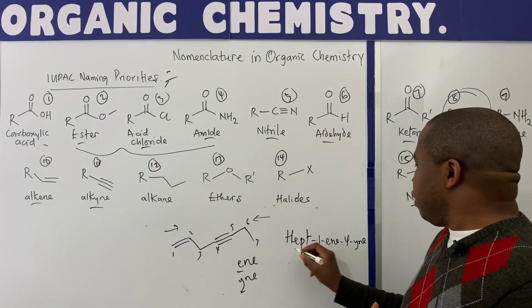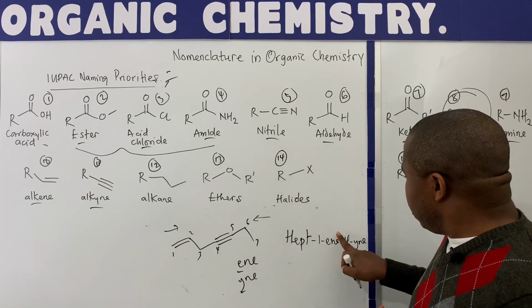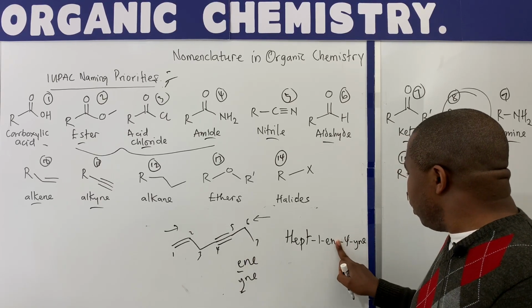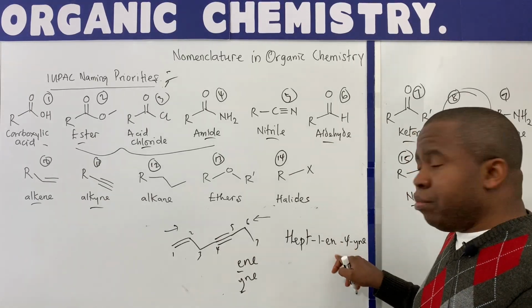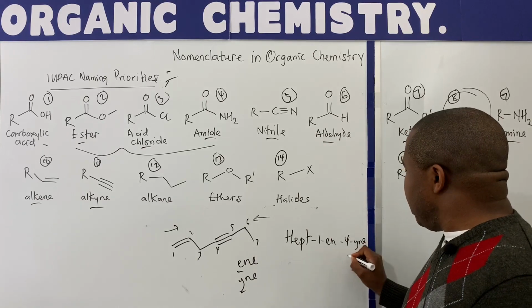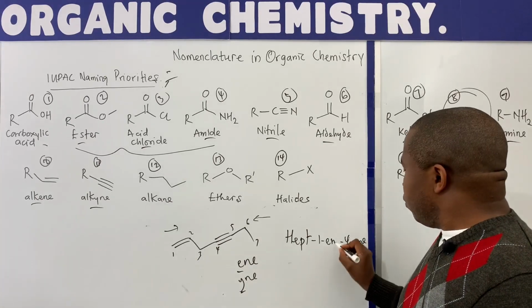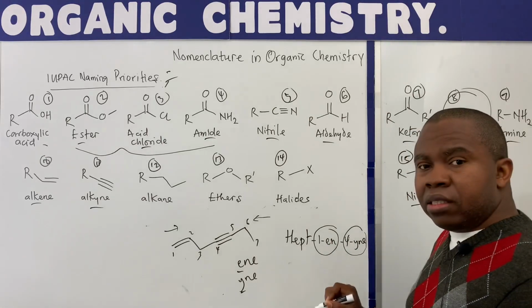So this is 1-en-4-yne. Actually we're not going to put the E, it's just going to be en. We're going to drop the last E because this is going to have another E. So this compound becomes hept-1-en-4-yne, and that's what we're saying here, that we prioritize this, then this.